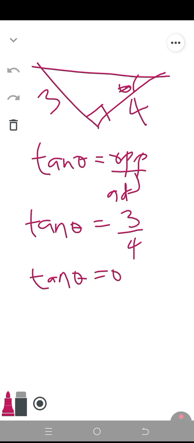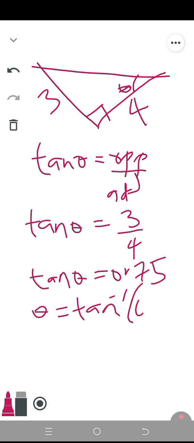So that means theta is equal to tan inverse of 0.75, right?